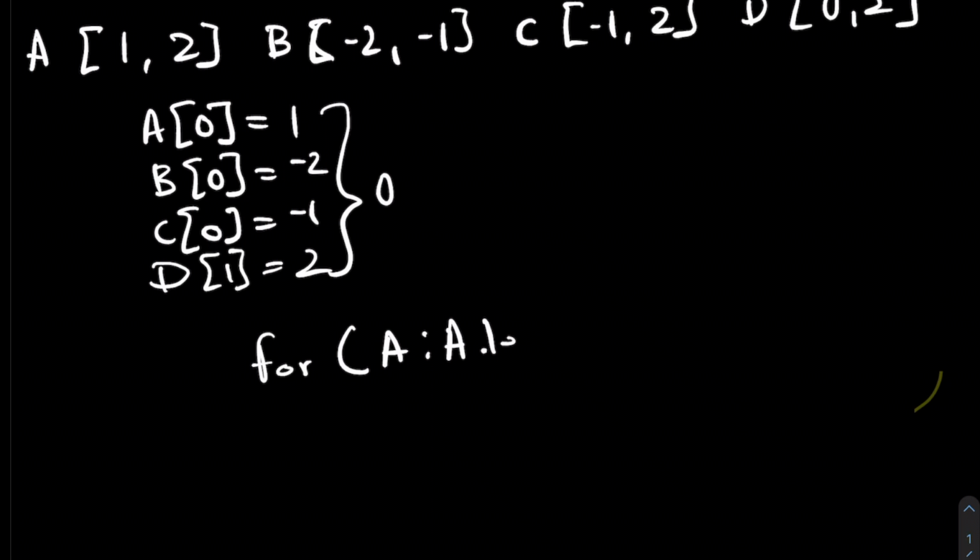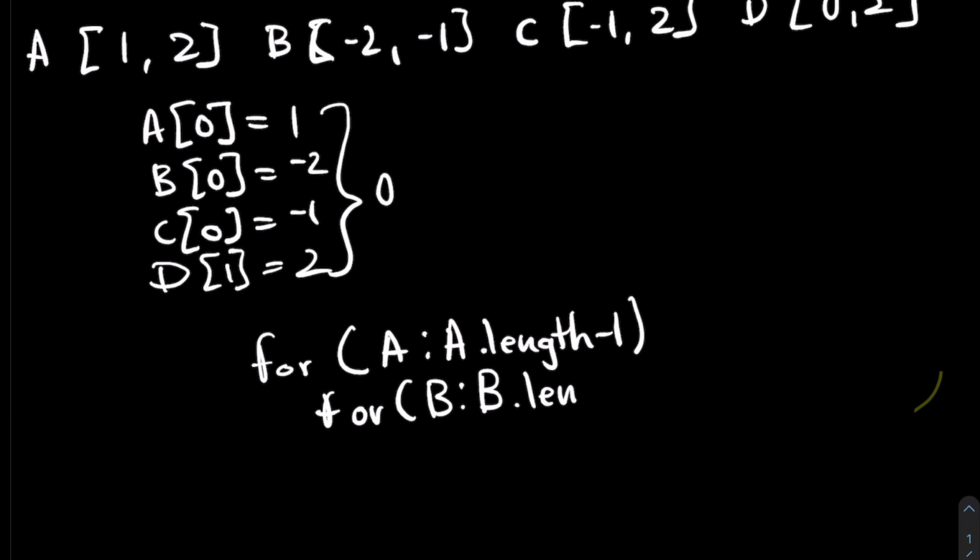It goes from 0 to A dot length minus 1, and then it goes for B. Actually, let's make this 0 so it's a little bit more clear what I'm doing. This is pseudocode.